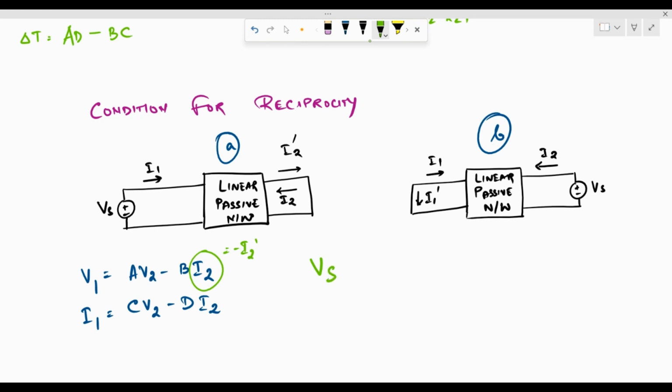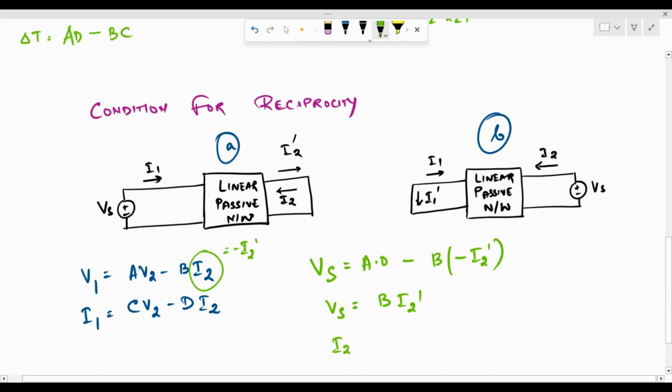So Vs is equal to A into 0 minus B times of minus I2 dash. So we get Vs is equal to B I2 dash. So therefore, I2 dash by Vs is equal to 1 by B. This is one condition that we've obtained.